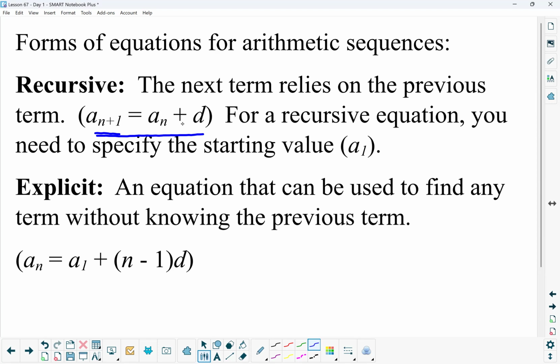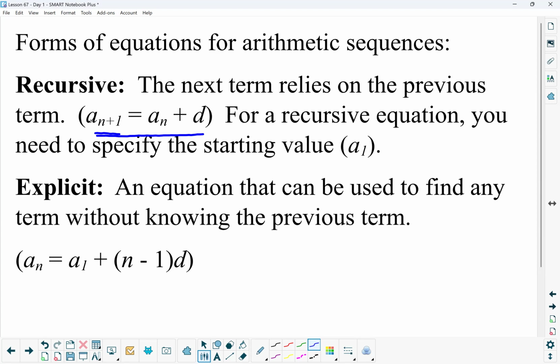For a recursive equation, you need to specify your starting value. In our example, we would say A sub 1 is equal to 4. And then we can calculate A sub n plus 1 by taking A sub n plus our common difference of 3. And that's all there is to the recursive definition.